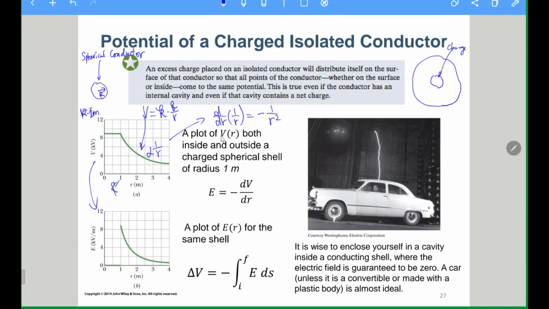Then you still have another negative sign, so it becomes positive. So this will be proportional to 1 over R squared, or inversely proportional to R squared.